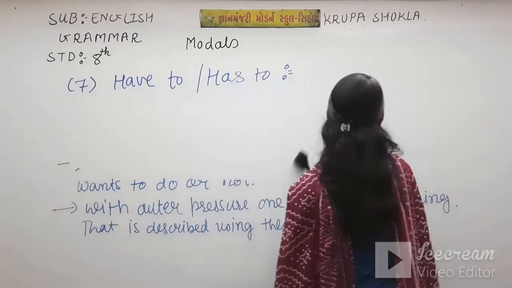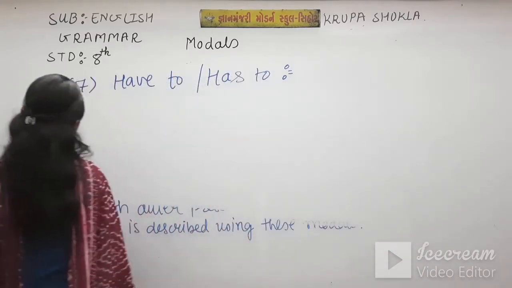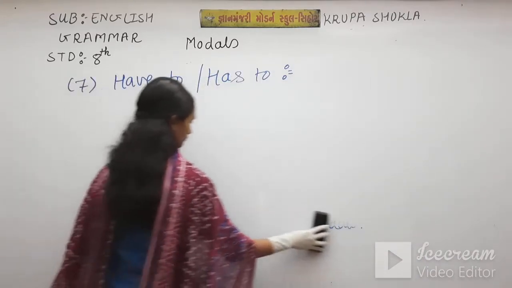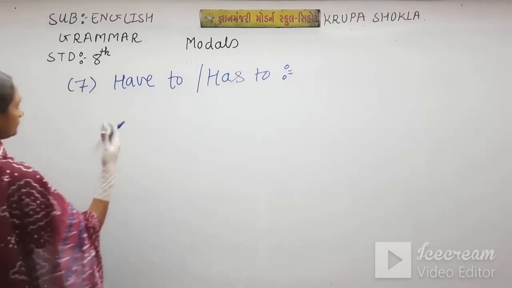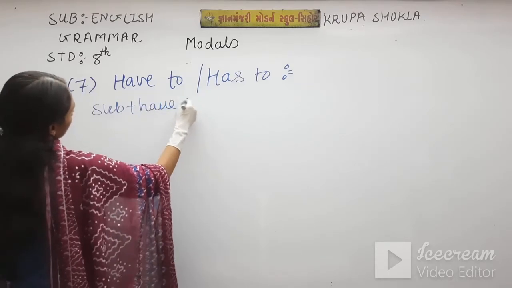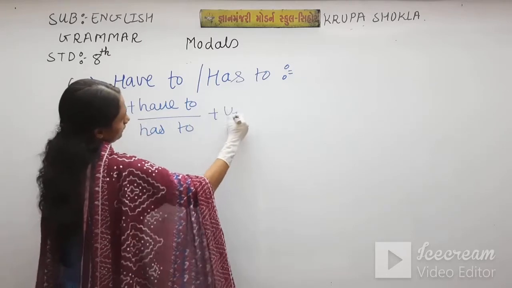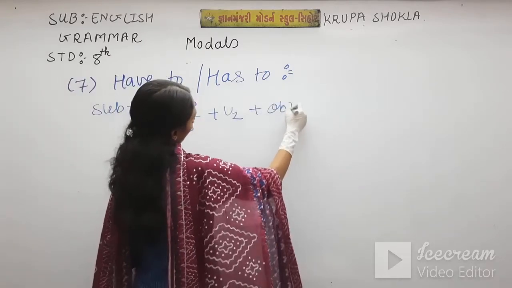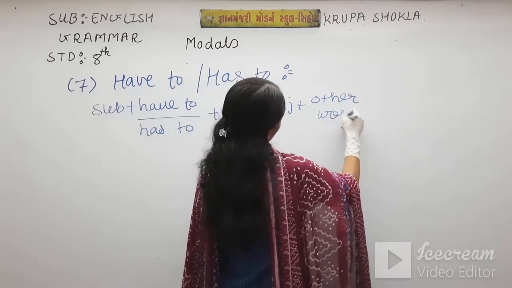The sentence pattern of have to is: first you need a subject, after that have to or has to, after that base one, object, and other words.